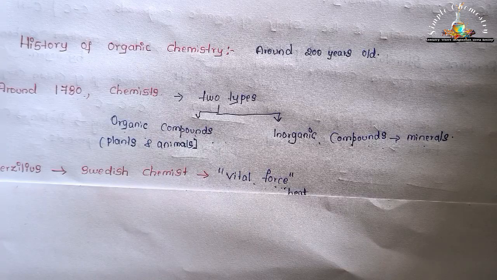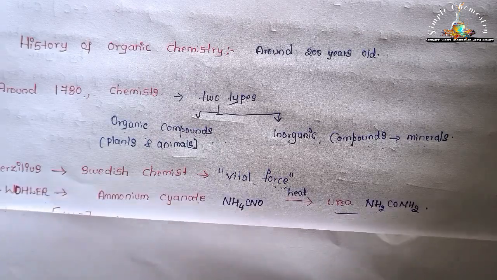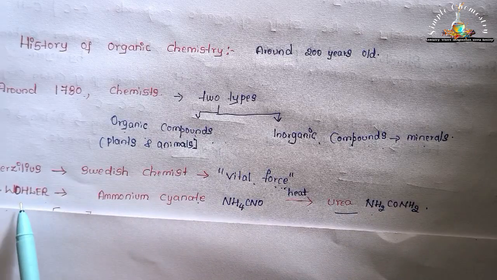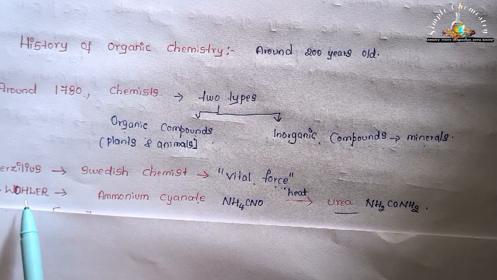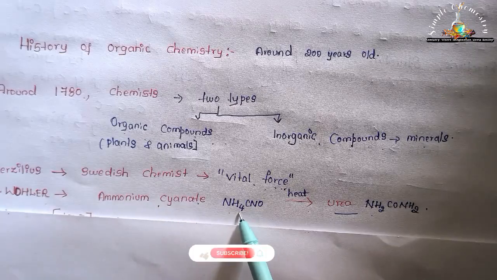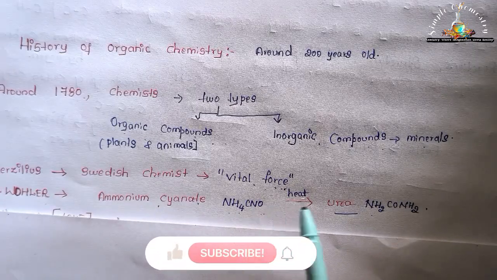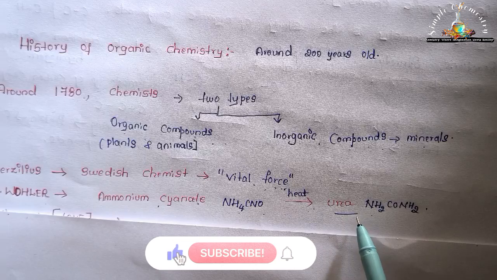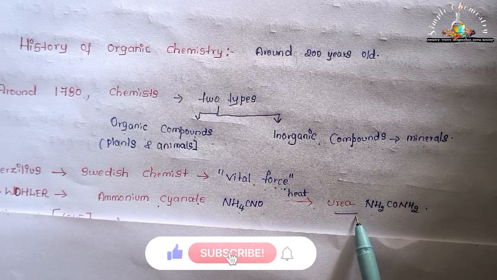After that, the scientist Wöhler took an inorganic compound, ammonium cyanate, NH4CNO. He heated it and got the first organic compound, urea.